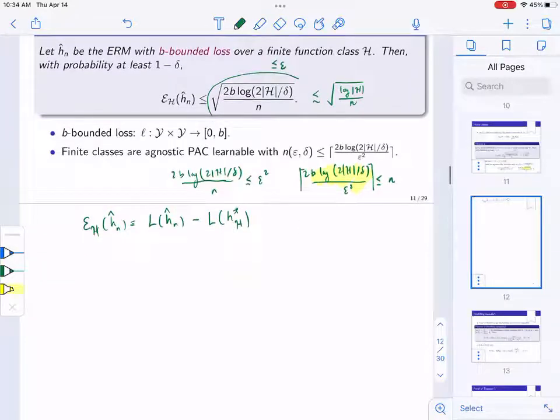And I also know that h hat n is the argmin of L n h over h in the class. Okay, it's the minimizer of the empirical loss. This is the empirical loss. This is the population or the infinite sample size loss, the prediction loss. So how do we relate this to that?